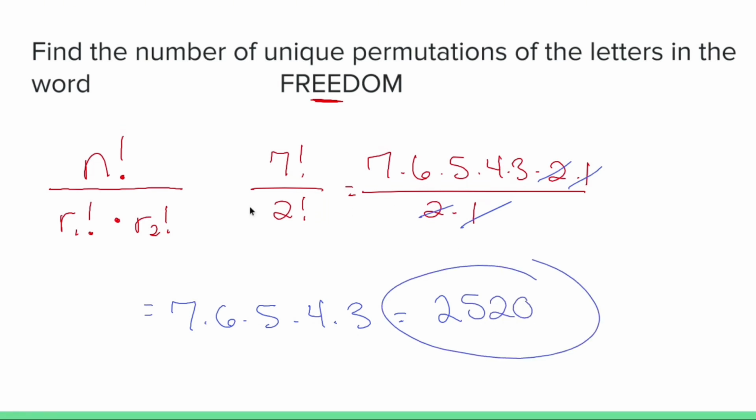Now, what this over 2 does is, look, if I were to swap this E and that E, it's the same word. I'm not going to count that word twice. So by doing this, we eliminate half of our options. So instead of 5,000 something, we have 2,000 something. Okay? And that's how you do it.